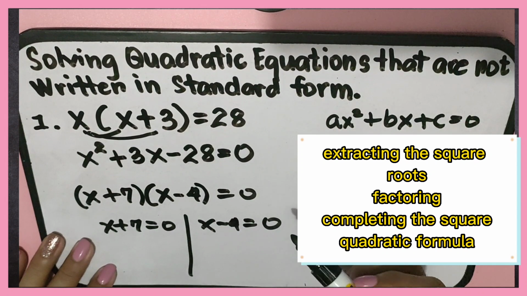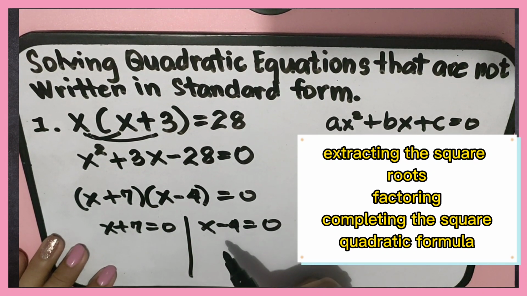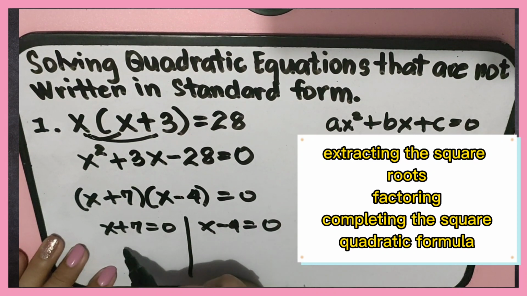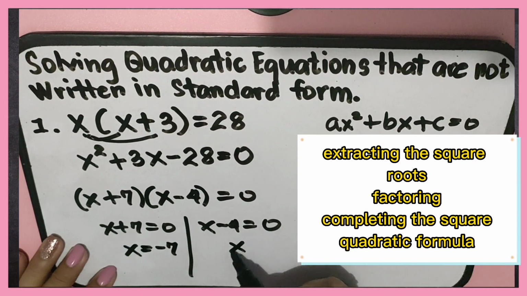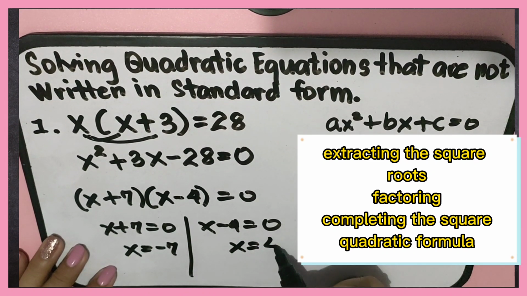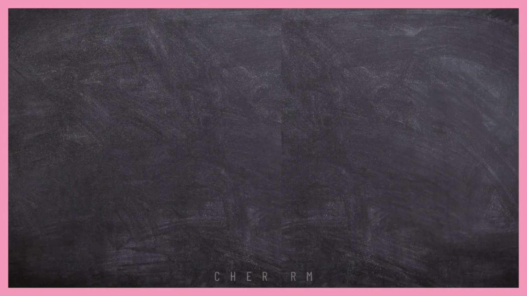Then after the factoring, use the principle of zero product property. So we have x equals negative 7, then this one is x equals 4. Okay, that is example number 1.